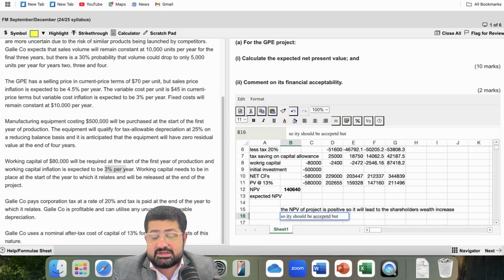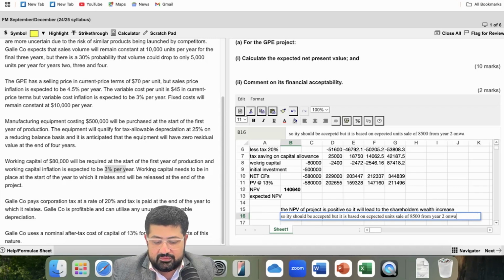But there is a point. It is based on expected unit sale of 8,500 from year 2 onwards.